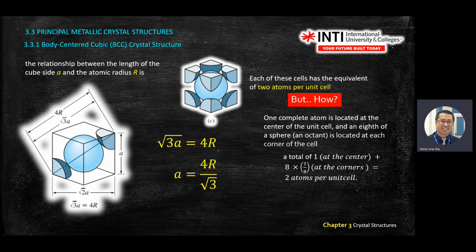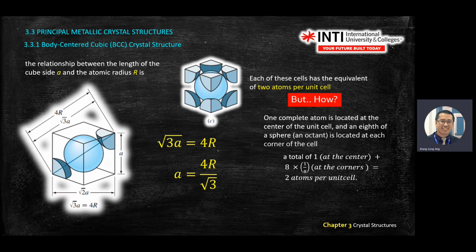So this one equals this one, the one that you see on the screen. So square root 3A equals 4R. You rearrange because you want to capture the BCC parameter in A towards R. So for BCC, first equation, and this one you can say memorize, like memorizing gravity.